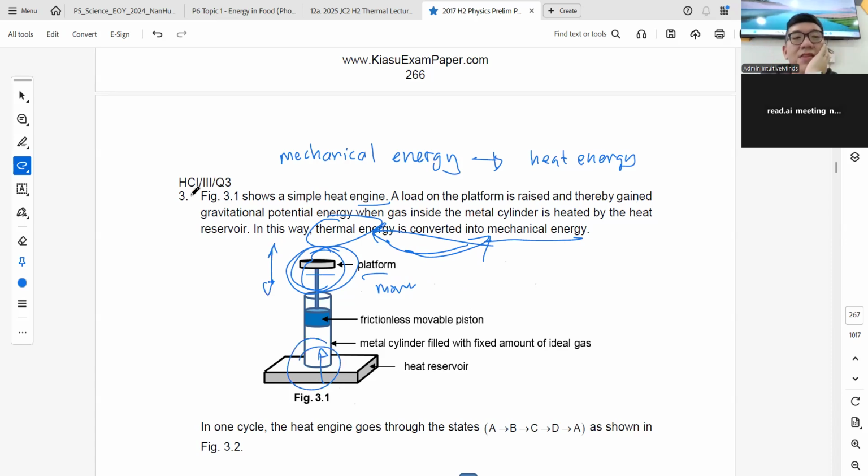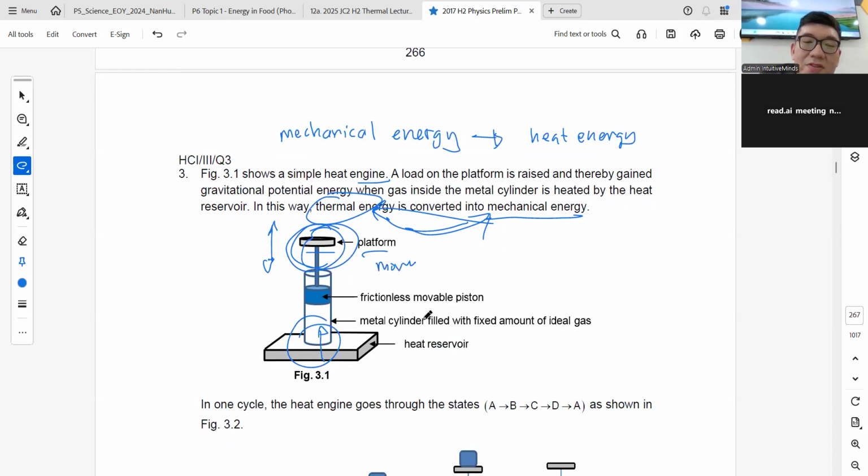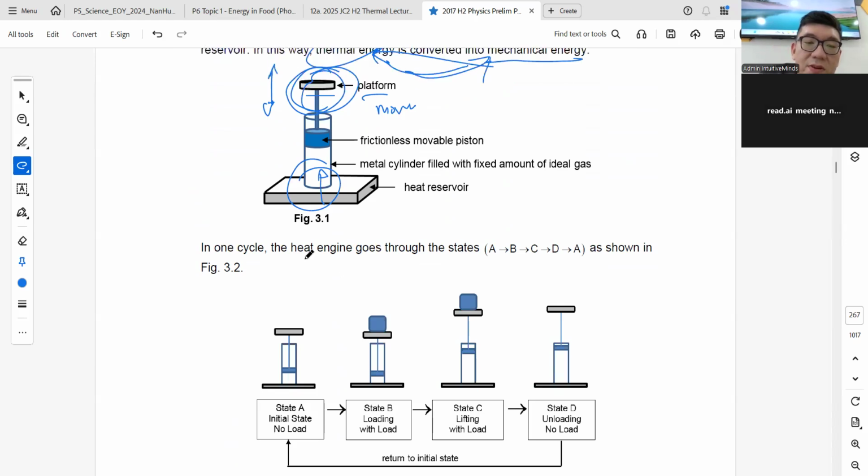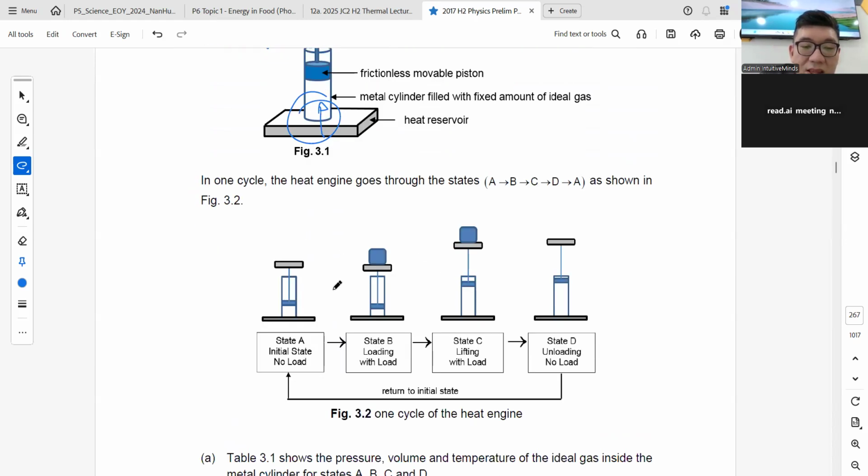So for this question, it is the other way lah. This is how a car works basically, because the car will produce heat, then the platform will move. So let's explore this. Initially no load, then you load, then you leave, then no load, then you go back. So during this loading, there's heat involved lah.